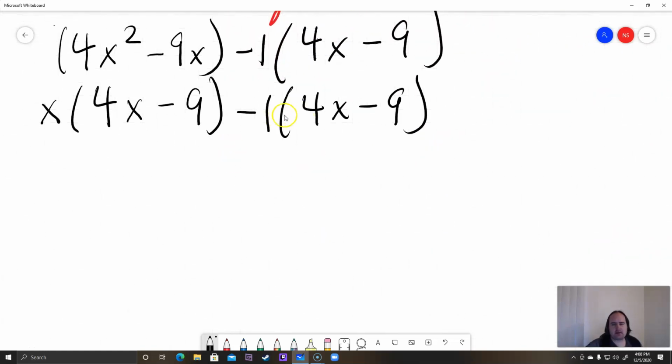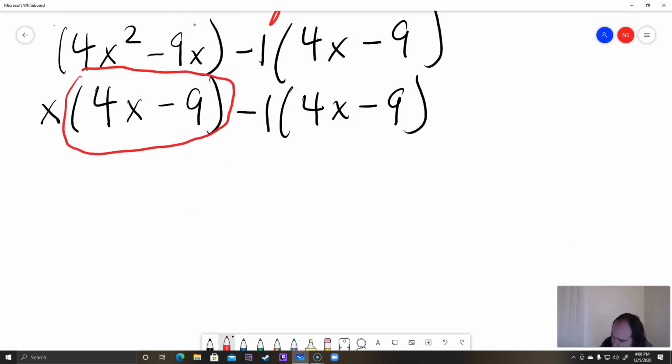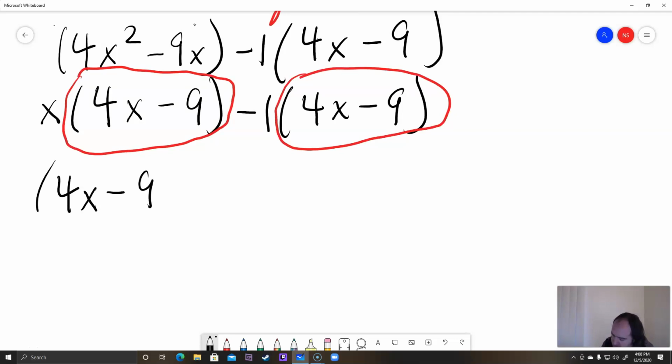All we have to do next is, now we have a 4x minus 9 for the entire expression. So we're going to go ahead and factor out the 4x minus 9. So we factor out 4x minus 9 from the whole thing, and then we're left with whatever I didn't circle. So I didn't circle x minus 1, so I put parentheses around x minus 1, and that's what's left.